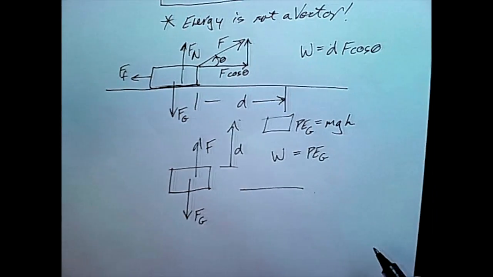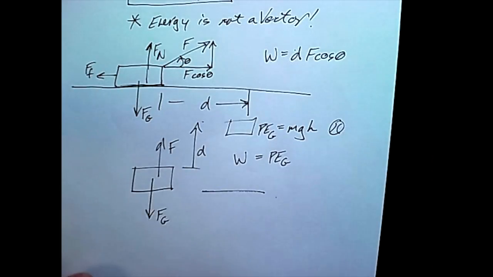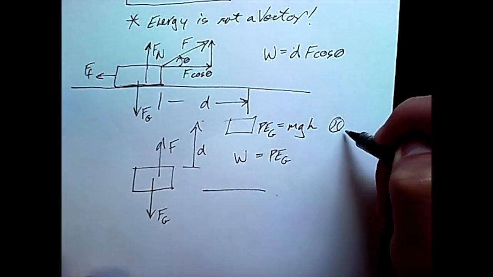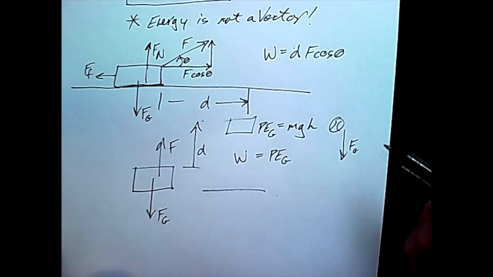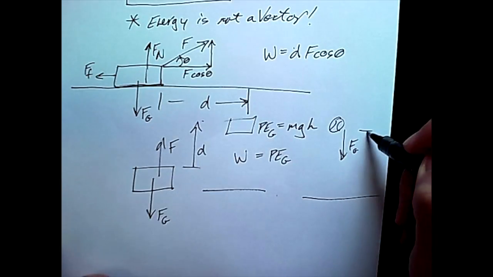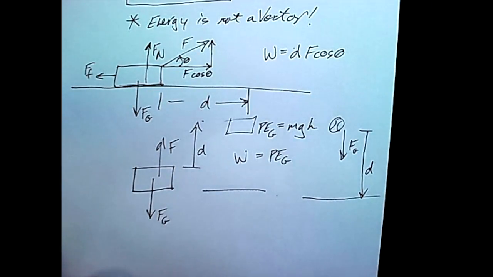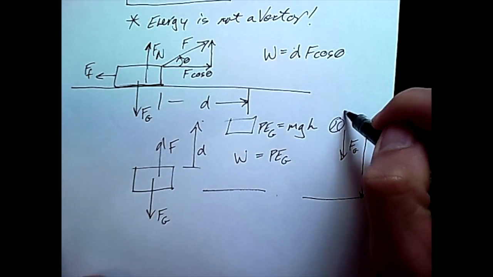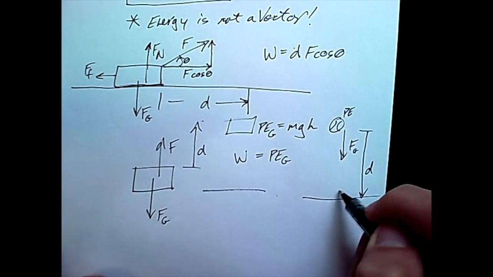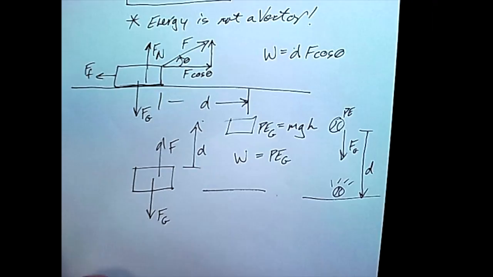Similarly, an object falling out of the sky, like a baseball, as the object falls down, its weight is what's causing that to happen. If this is the only force acting on this object and it falls down to the ground, this displacement, d, is the energy that it is transferring from the potential energy that it has at the top to the kinetic energy that it would have at the bottom, which is a function of its speed.